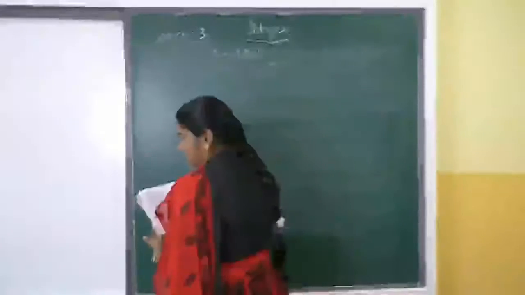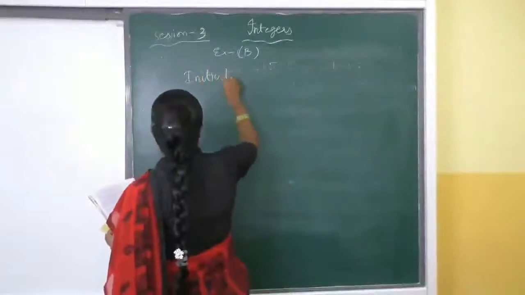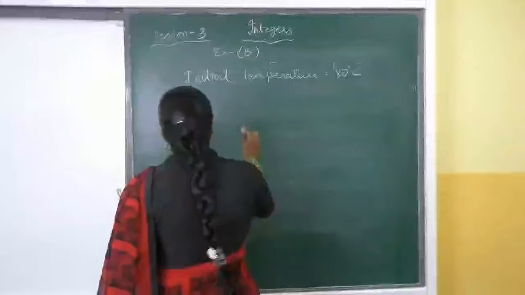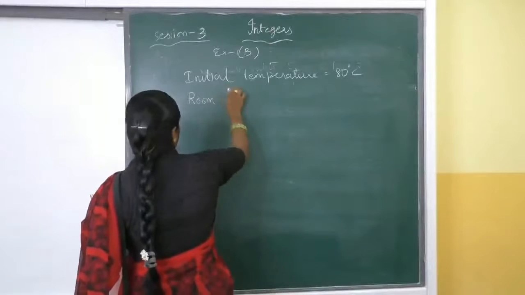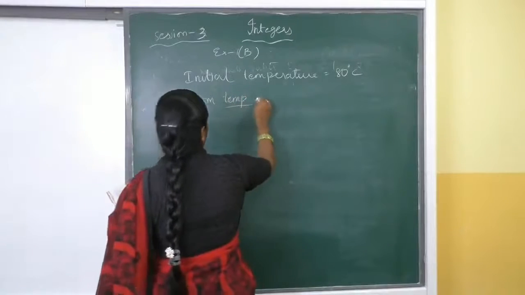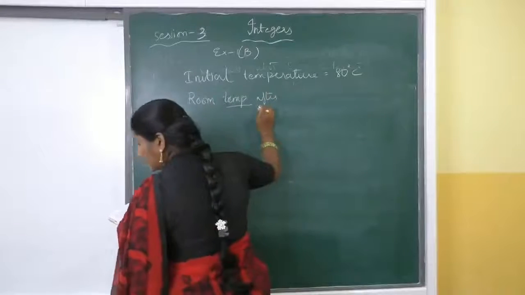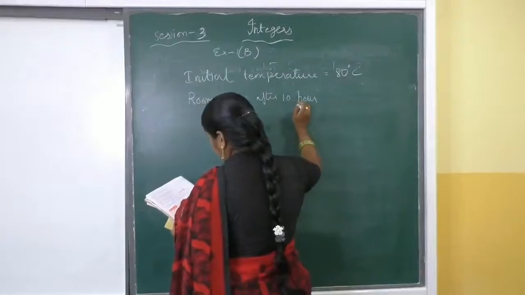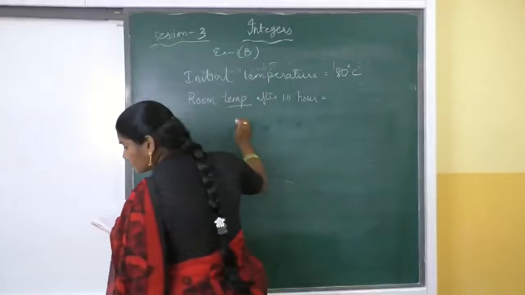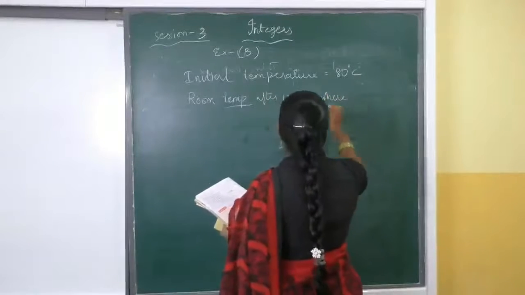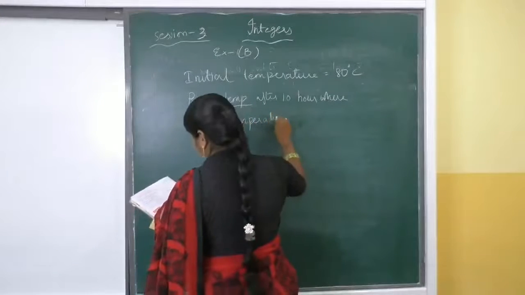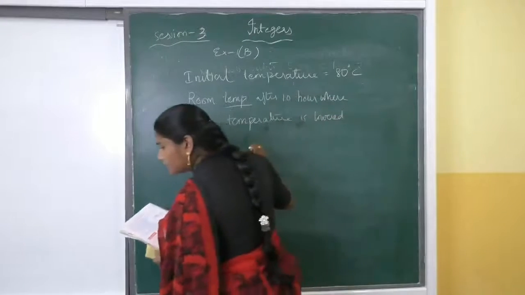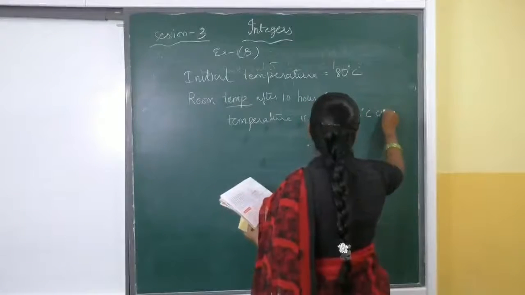So here the initial temperature is 80 degrees, and the temperature lowered is 5 degrees centigrade every hour.